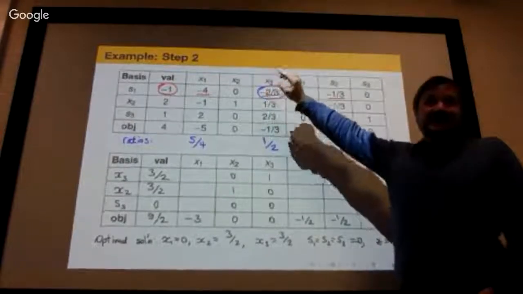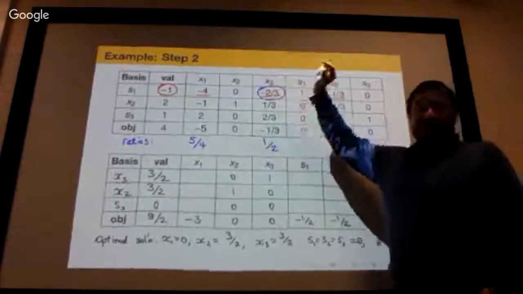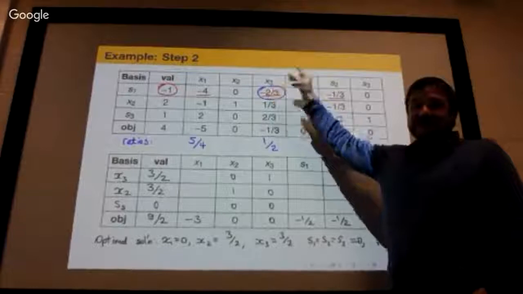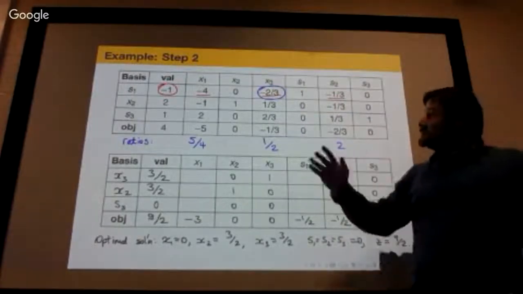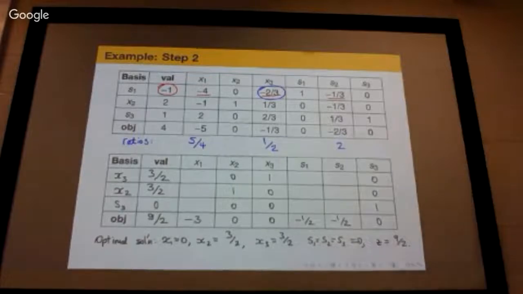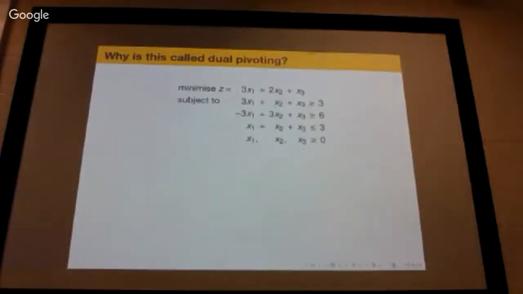The only way that it's different is how we select which is going to be the pivot, and the rest is standard. But why is it called dual pivoting? Now, look at this. Let's write the dual of this.